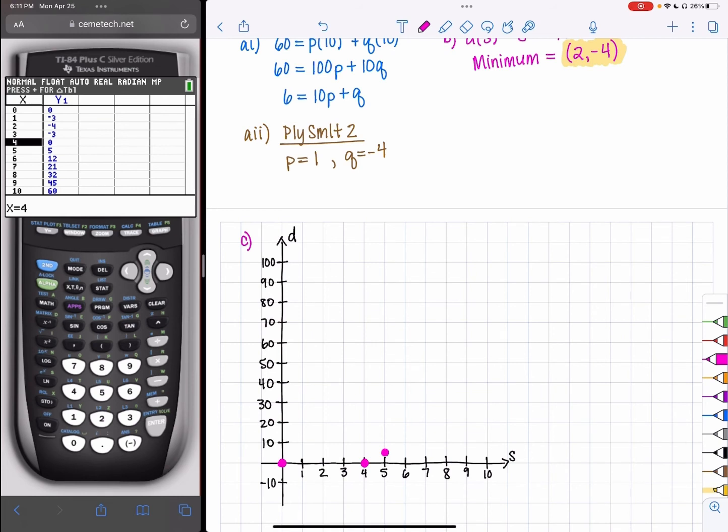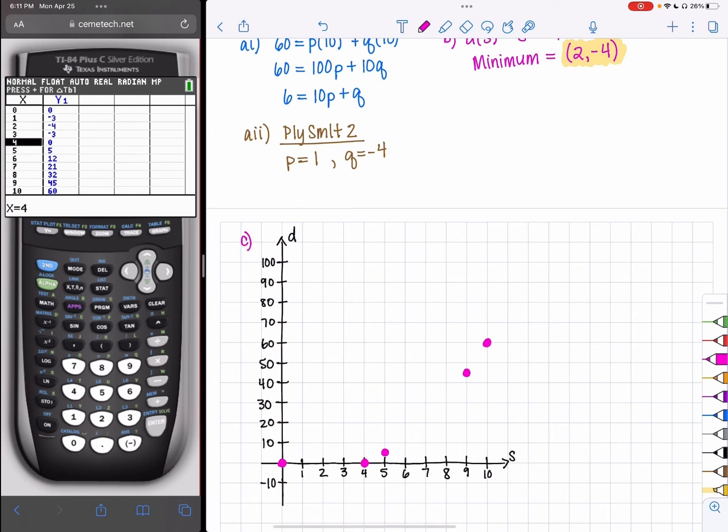I already see that we have 9 and then 45. So 9 and 45 is going to be here. And then I see that I also have 10 and 60, which is going to be here.